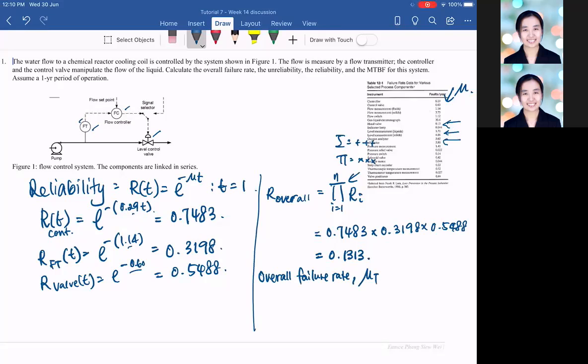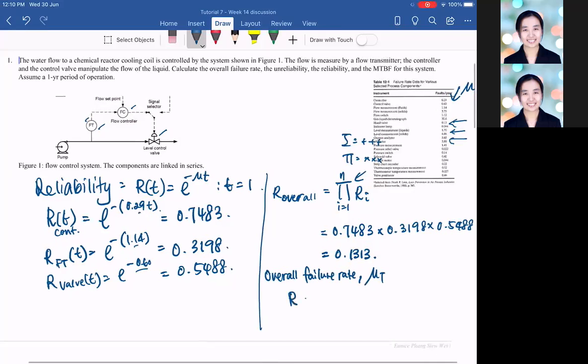So now we use the same formula again, R equals e to the minus mu T. In this case, minus mu times 1 year equals ln 0.1313.